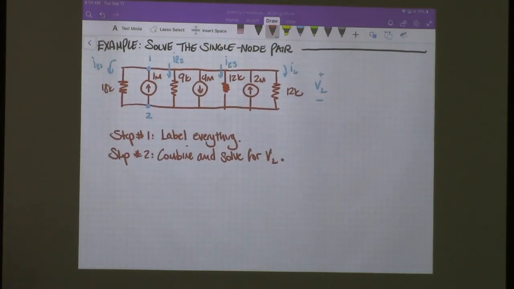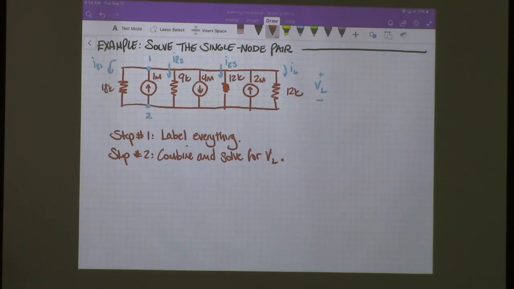Without going into too much detail, because we have done several of these before, let's collapse this. Can anybody tell me how we're going to collapse this into a very simple circuit? Yeah. Might be wrong, but can you combine all of the sources in parallel, and then do the same thing for the resistors?